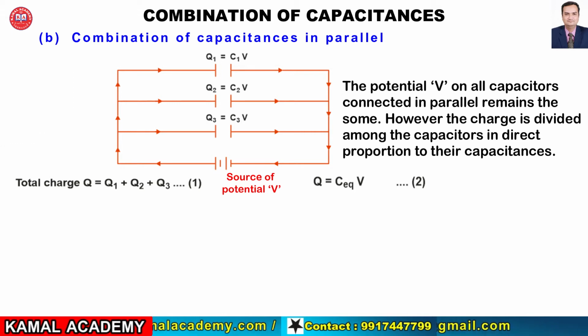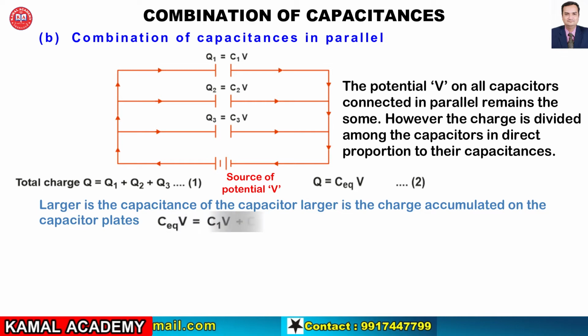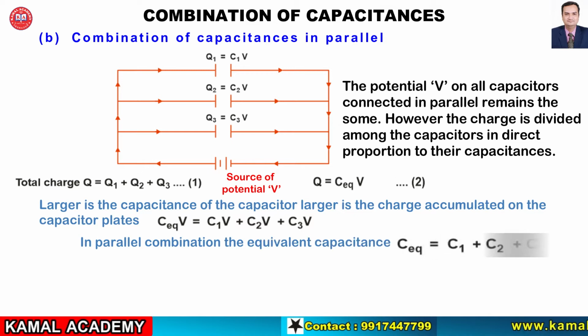So our equation takes the following form: C equivalent V is equal to C1V plus C2V plus C3V, which can be further written as C equivalent is equal to C1 plus C2 plus C3. Hence, in parallel combination of capacitances, the equivalent capacitance is equal to the sum of capacitances.